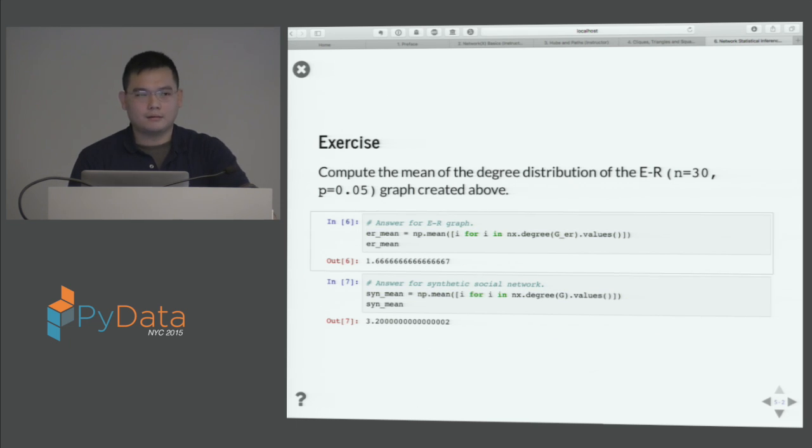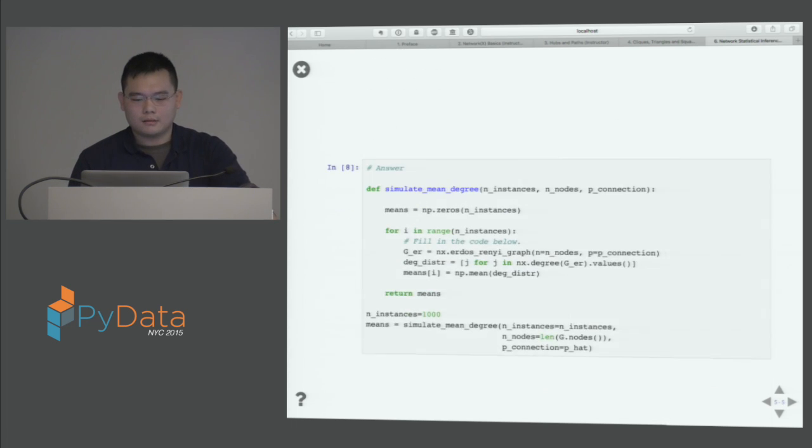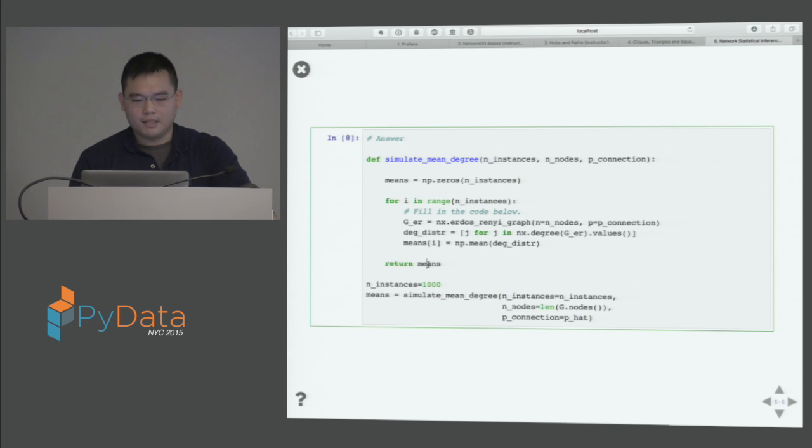All right? So if you move on, draw 1,000 instances from n equals 30, p equals your p hat value, and return the mean value inside there.